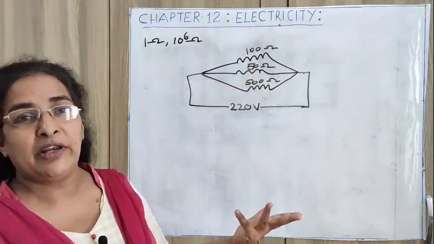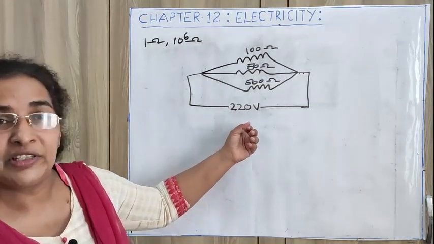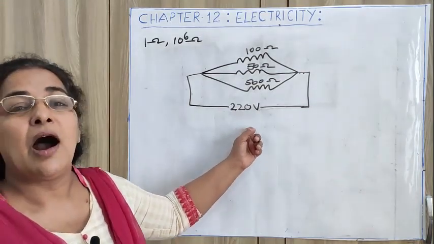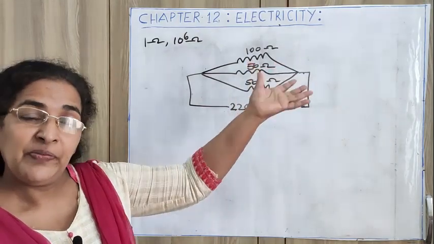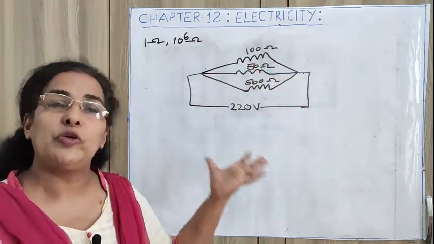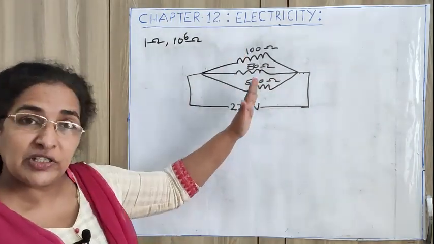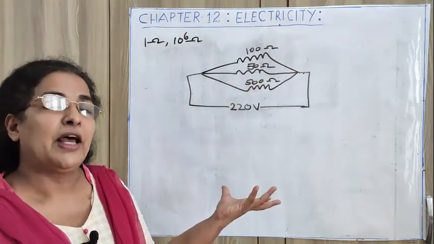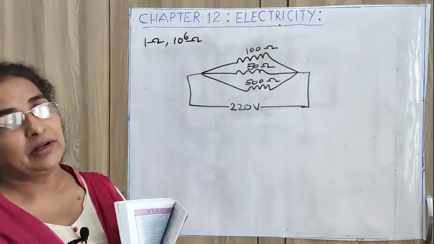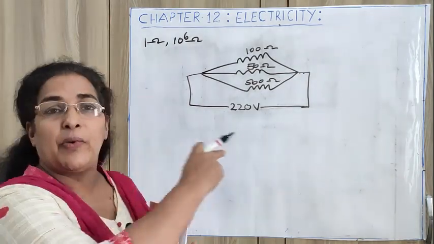Then only the same current can pass, because the source of voltage is the same, potential difference is same. We have learned I is equal to V upon R. V is same, I is same, so R also should be same. So first I will find the current, total effective resistance I will find. That should be the resistance of the electric iron also. Then only the same current will pass through it.